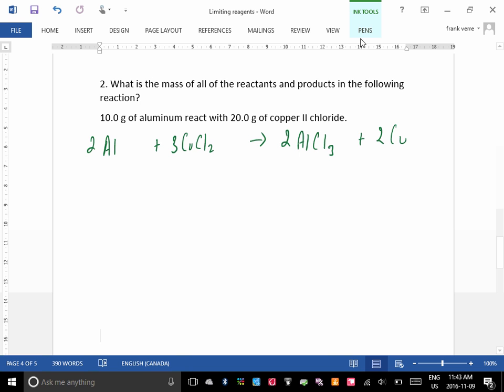So now again, think in terms of moles, right? It says 10 grams of aluminum. So how many moles is 10 grams of aluminum? So number of moles is mass, 10, over molar mass. So aluminum is about 27. So how many moles is that? What's 10 over 27?